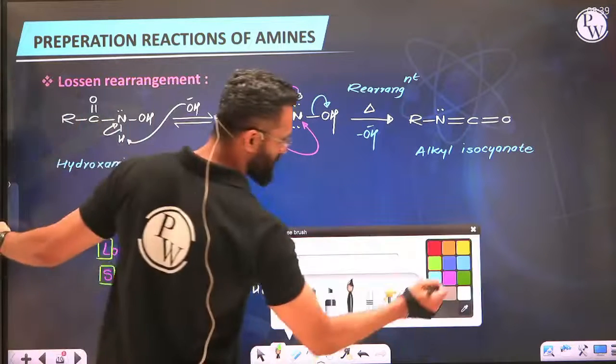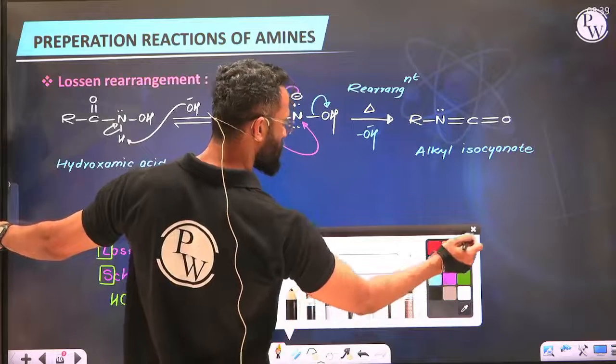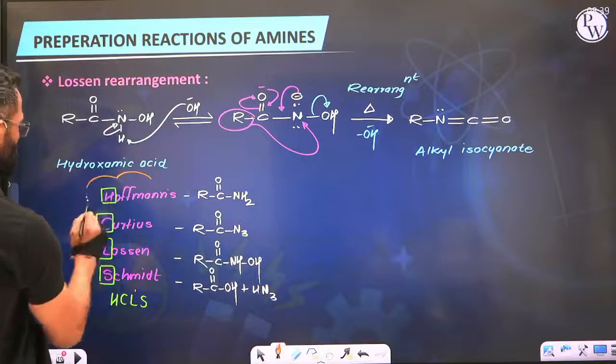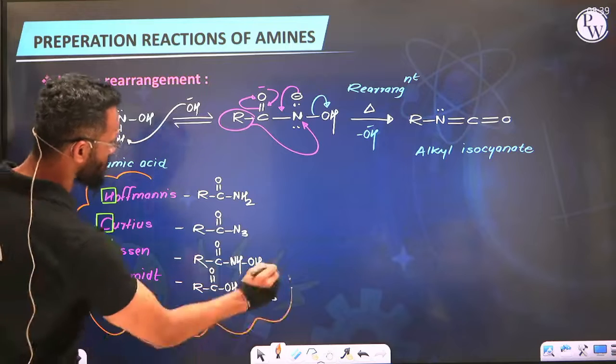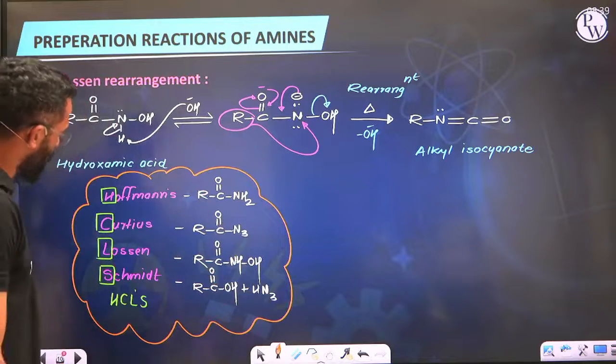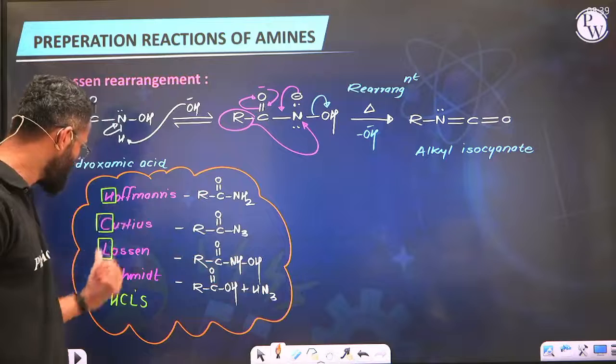So that's how this can help you to remember all the four rearrangements that we studied: Hofmann, Curtius, Lossen and Schmidt, HCl's.